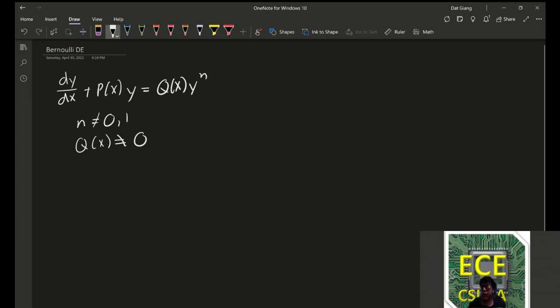So how do we go about solving this? Actually, rather I should say, we don't go about solving it head on. What we can try to do is make it into a form that is similar to this.